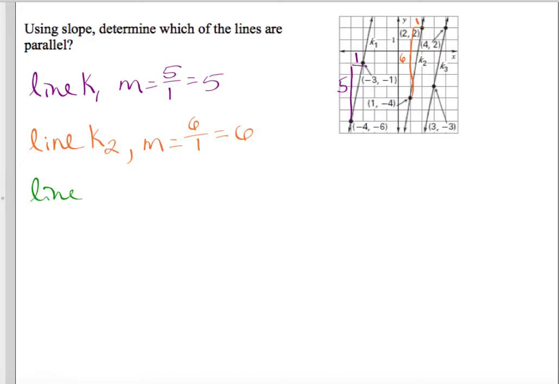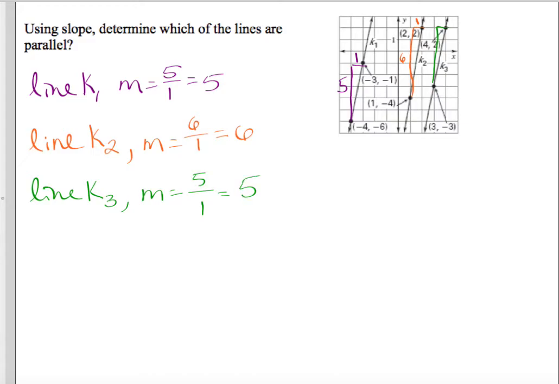And line K3 is the farthest one over here on the right. Using a couple of points there, it's going up 5. Rise of 5. And over 1. So it has a slope of 5.